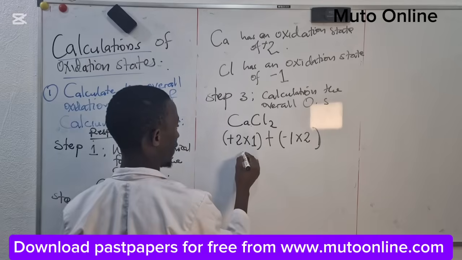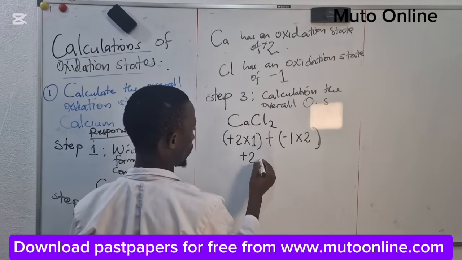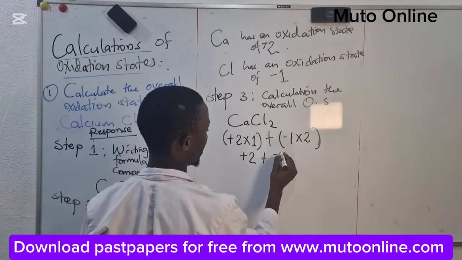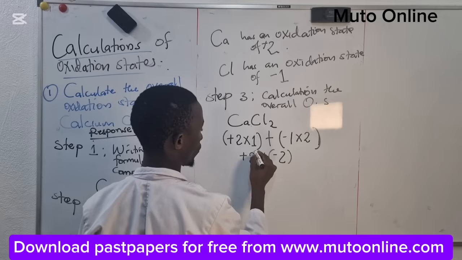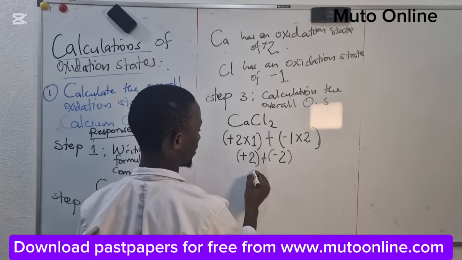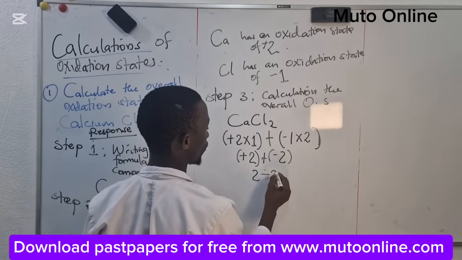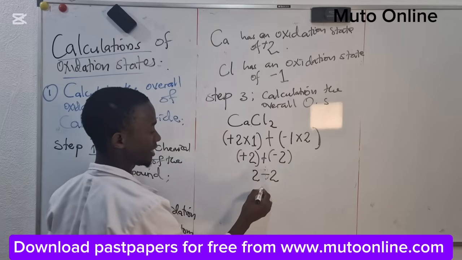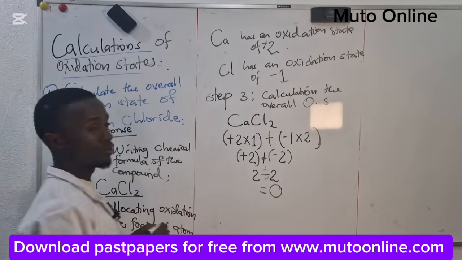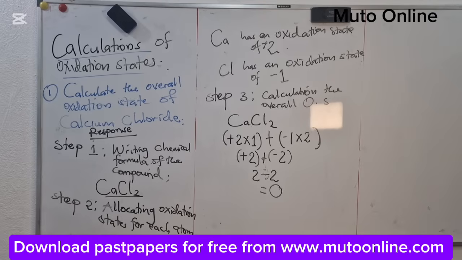So we shall have positive 2 plus negative 2, which is the same as 2 minus 2, giving us 0. So the oxidation state of that is 0.